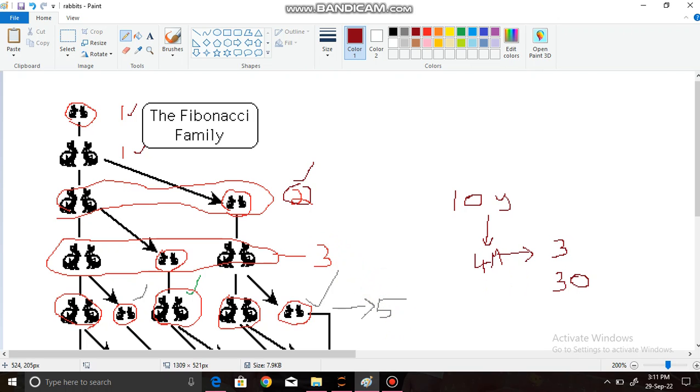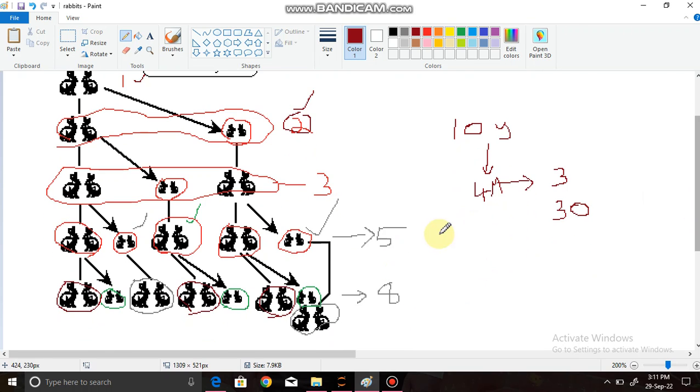Suppose I am in this row: if you add 3 plus 5, the preceding two rows, you get 8 pairs here. You can count it. 8 pairs means 16 rabbits. So we have to iterate this 30 times. That is the logic behind it.